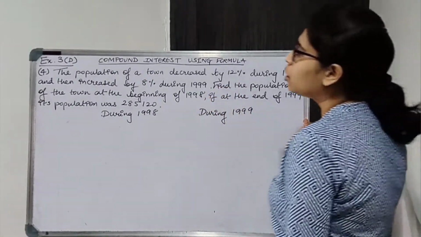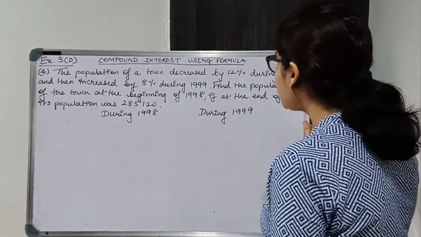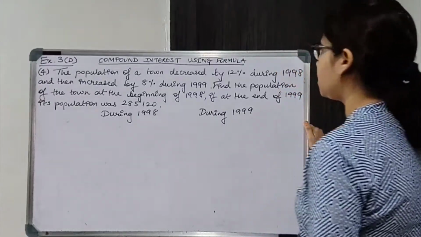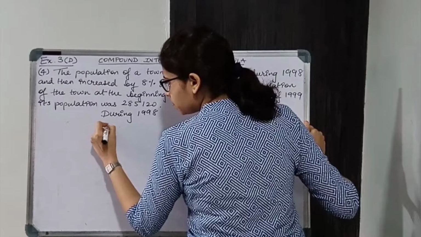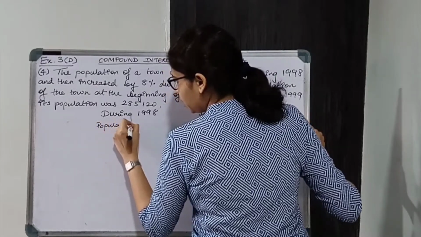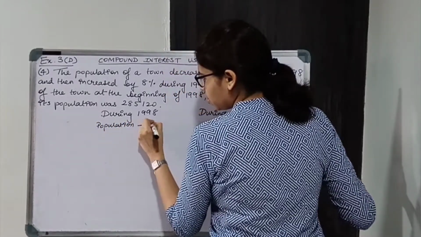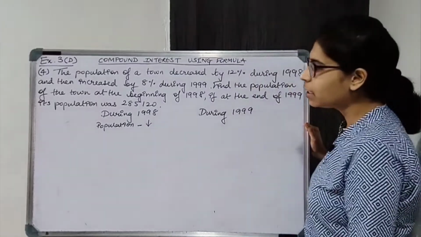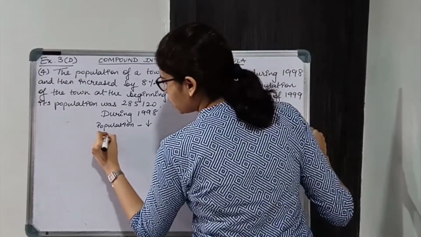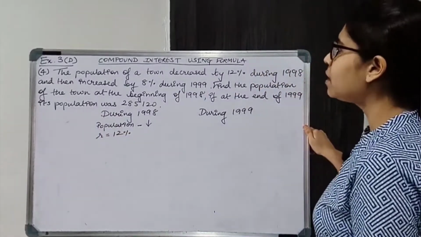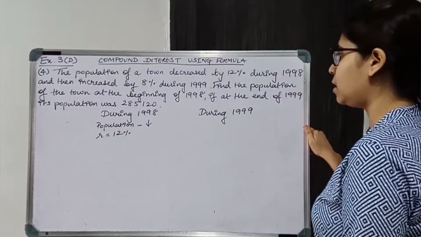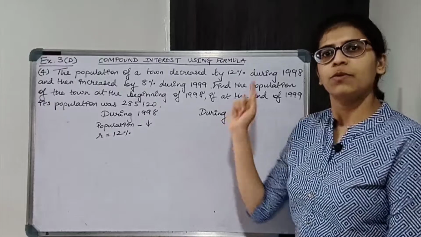The population of a town decreased by 12% during 1998. Population is decreasing, by 12%, so R is 12%, and then increased by 8% during 1999. So during 1999 the population is increasing.